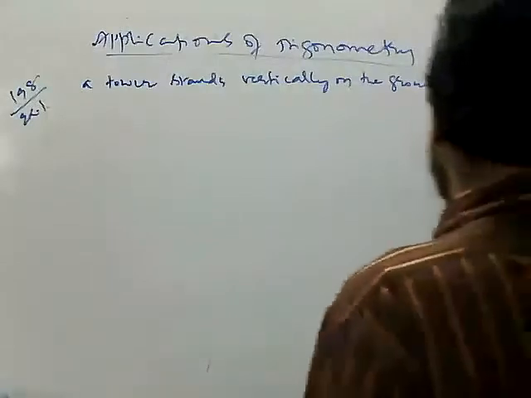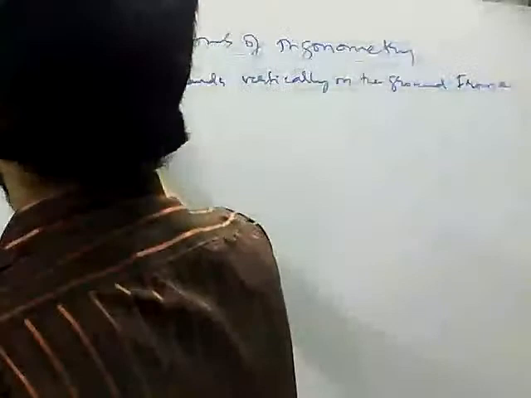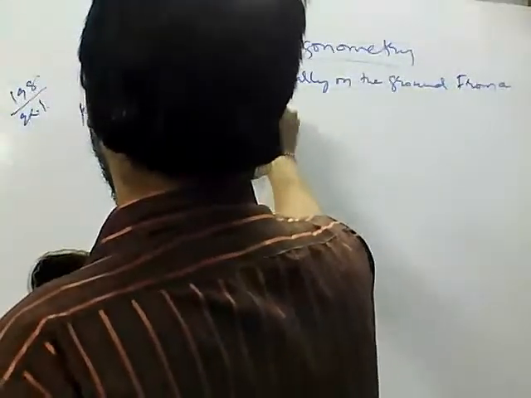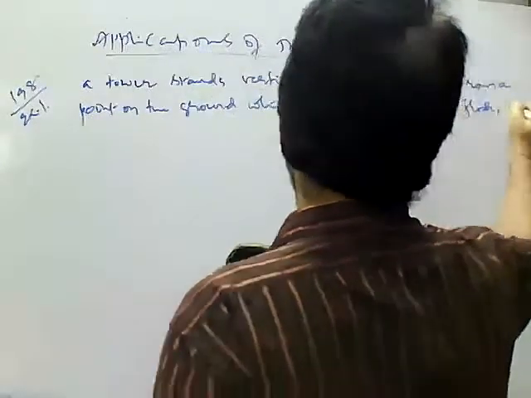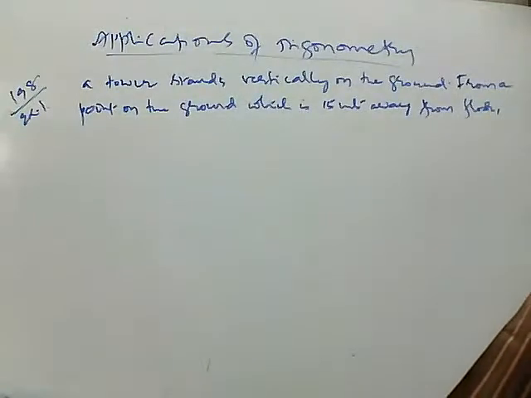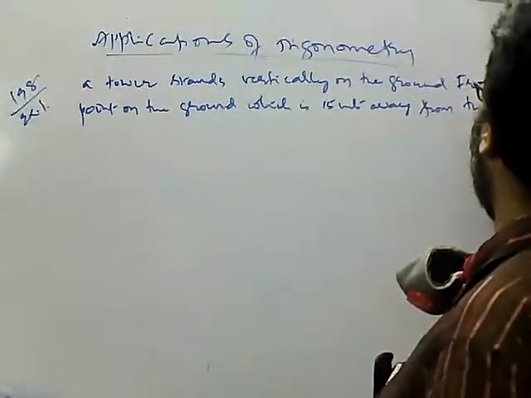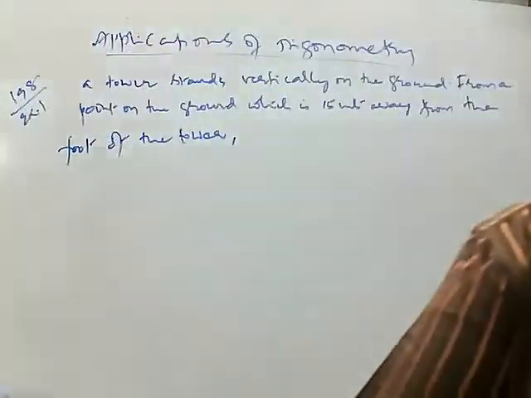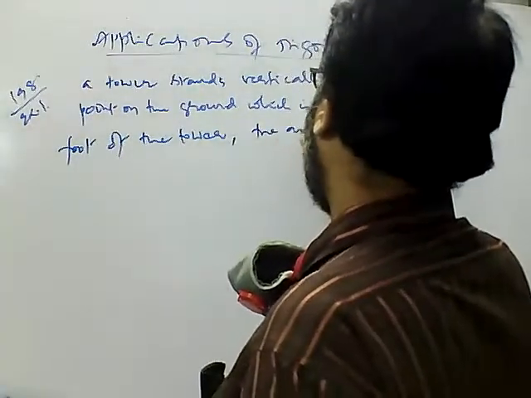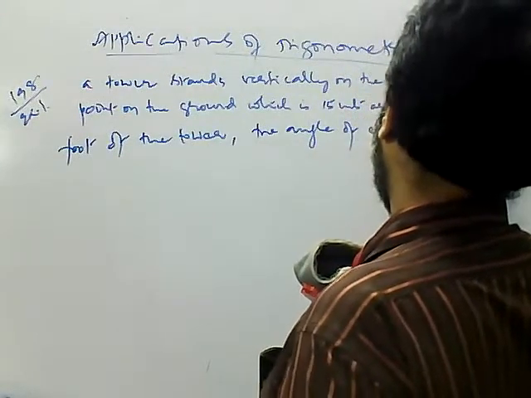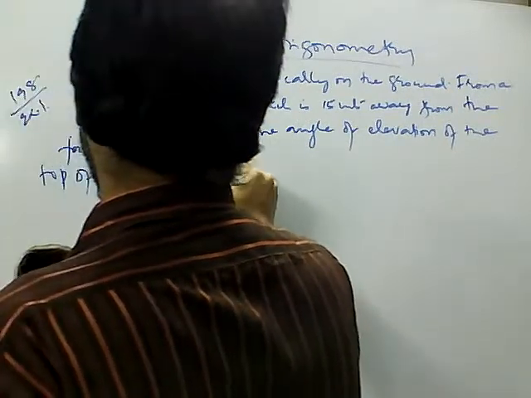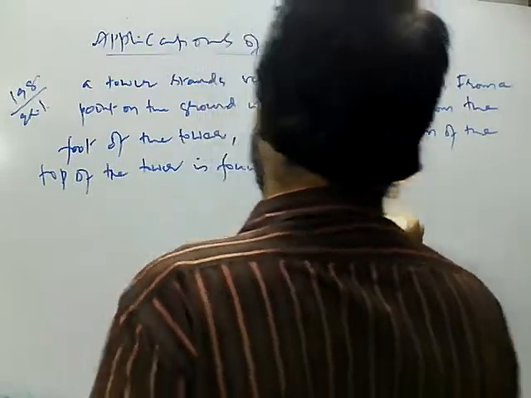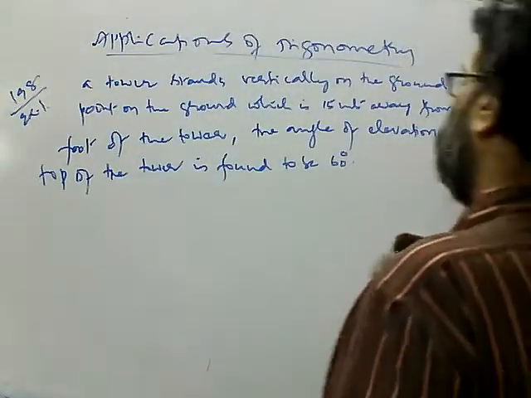From a point on the ground which is 50 meters away from the foot of the tower, the angle of elevation of the top of the tower is found to be 60 degrees. Find the height of the tower.